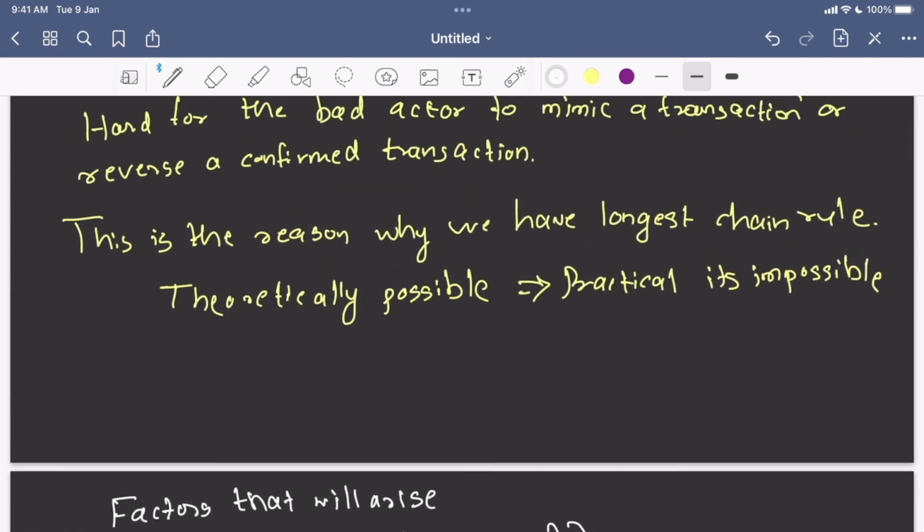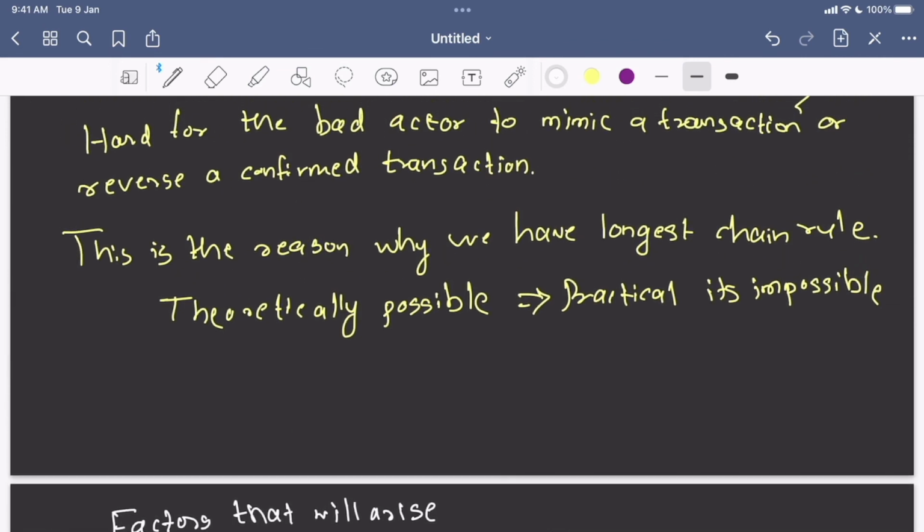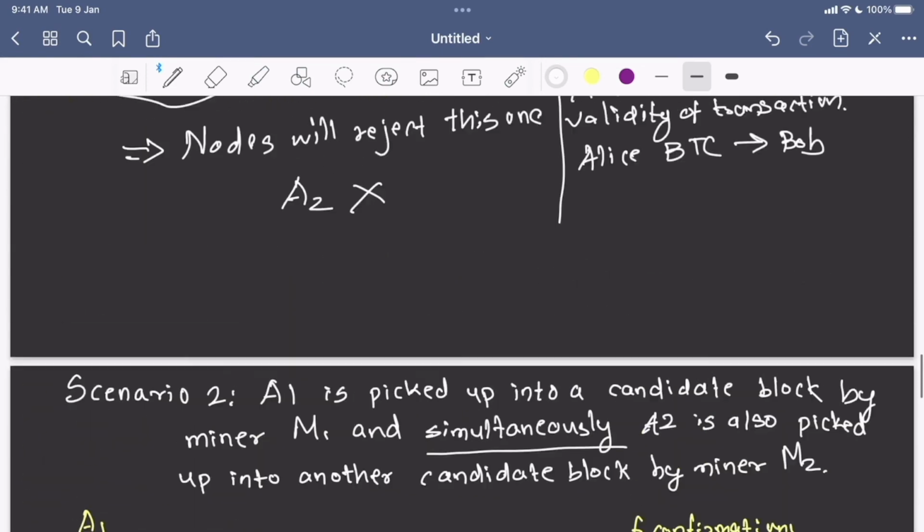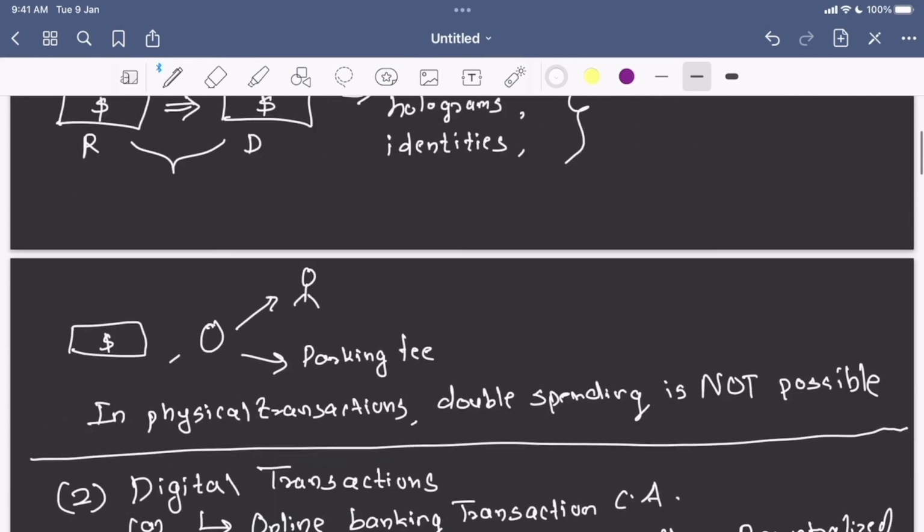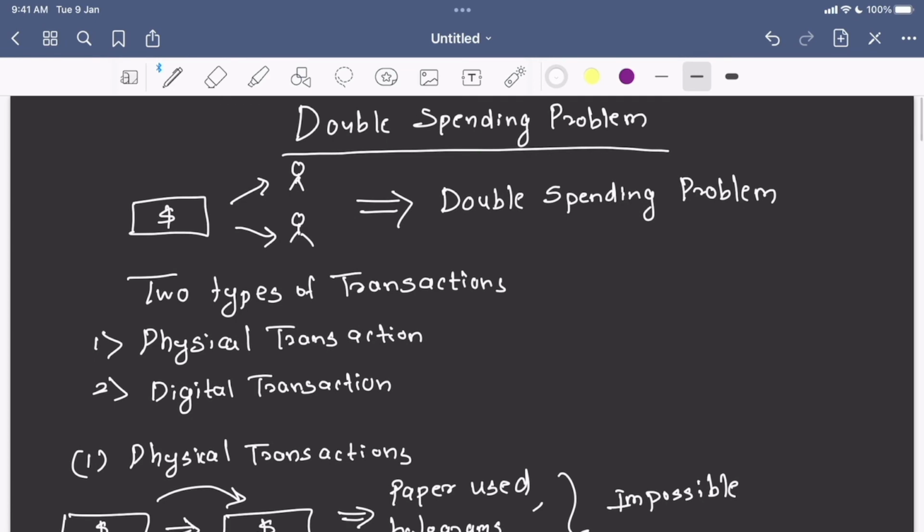So you can see in this way, even if sometimes theoretically it seems possible to double spend a Bitcoin in the blockchain, practically it is not possible for any single person or even a group or organization of people. So they will have to think something else. They will have to think smart or maybe find some loopholes in the blockchain. So yeah, this is how the double spending problem is avoided or prevented in the Bitcoin blockchain.